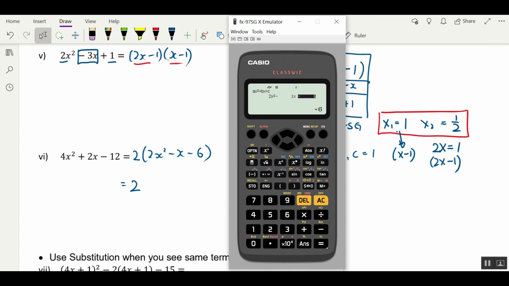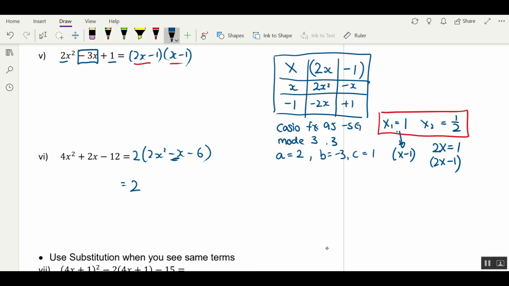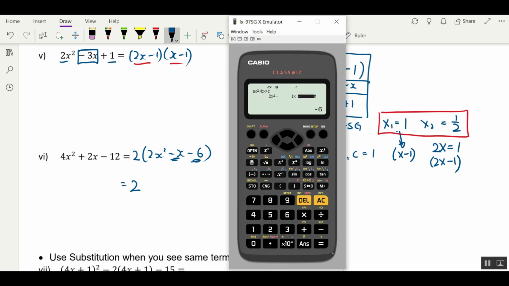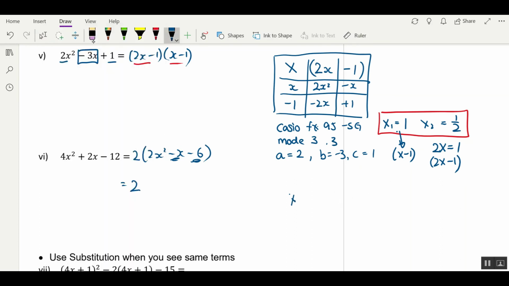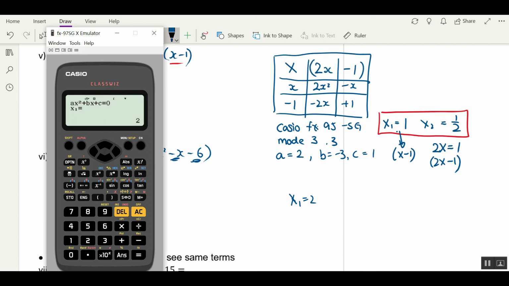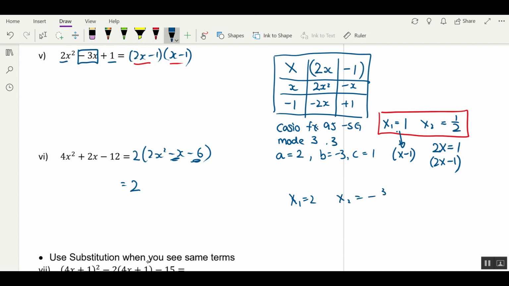Okay, how do I get minus 1? It's because here it's minus 1, and then this is minus 6. And then I press equal. So you got x1 equals 2, and the other one will be x2 equals negative 3 over 2. Okay, so if you have learned quadratic equations, you know how to use this in reverse. It's easy to do.